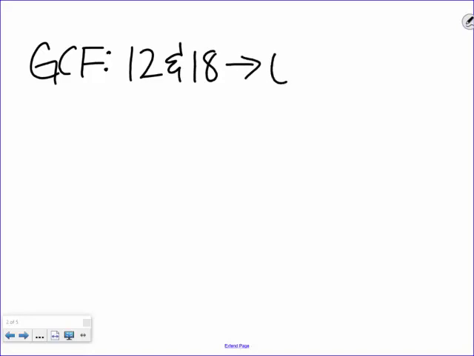Why is it 6? We're looking for what can we divide both of those numbers by, right? The biggest number that both of those can be divided by. So normally when you're thinking a greatest common factor, you think divide.